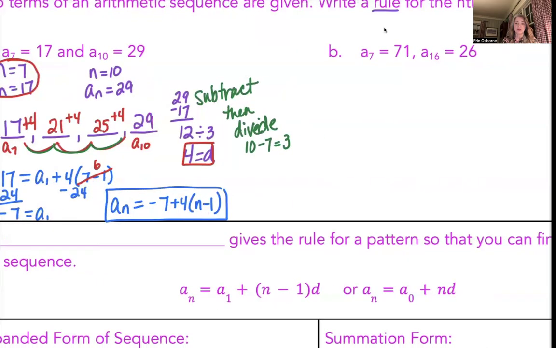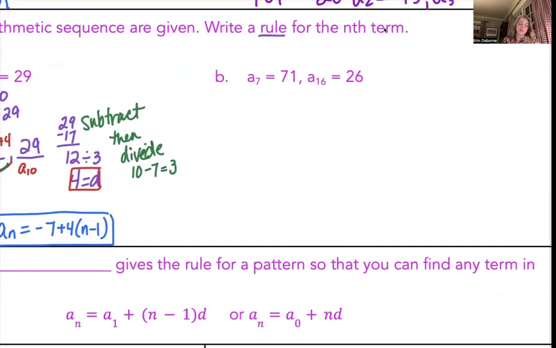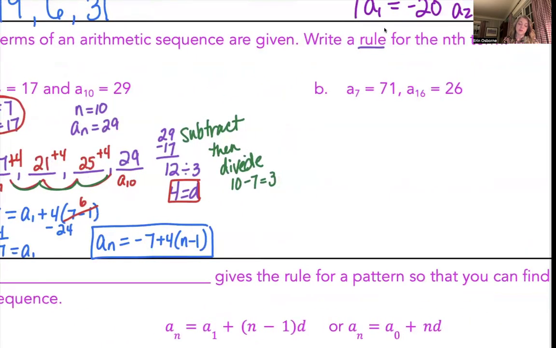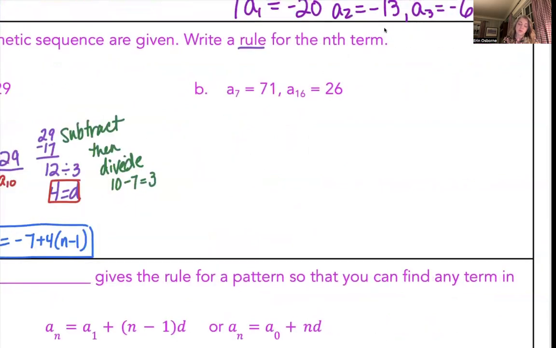We'll use those shortcuts over here on the other problem, and this time I'm going to write the rule with no parentheses. So first I'm going to go the value 26 minus the value 71, and it's okay that we're getting negatives, but I need a calculator.